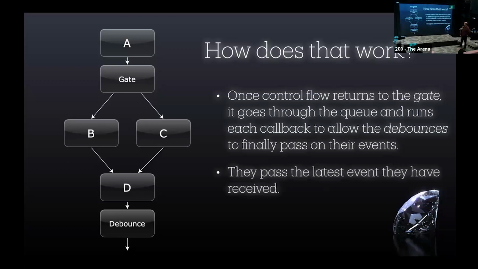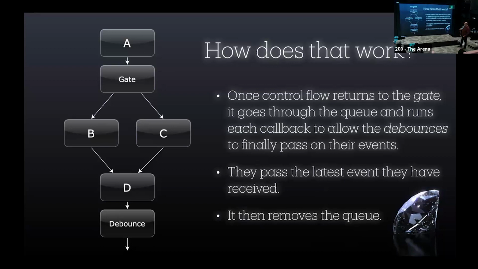And another trick here is that the debounce will send the latest value it received. So if it got multiple values, it will ignore all the early ones and just send the latest one when it's finally done. And then the gate will remove the queue because we're done.